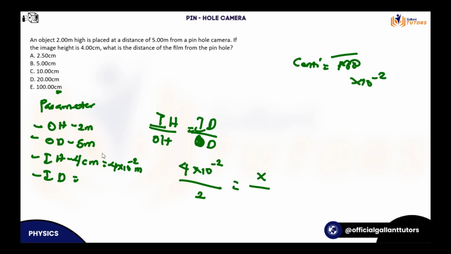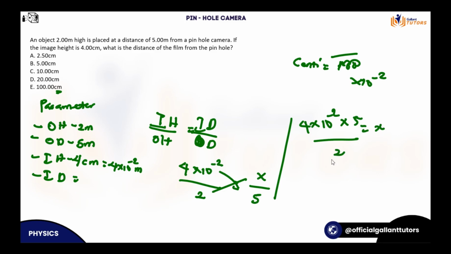Object distance is 5. Cross multiply: 4 times 10 raised to the power minus 2 times 5 divided by 2 is equal to x. 2 and 2 cancel, 2 times 5 is 10. So 10 times 10 raised to the power minus 2 meters.